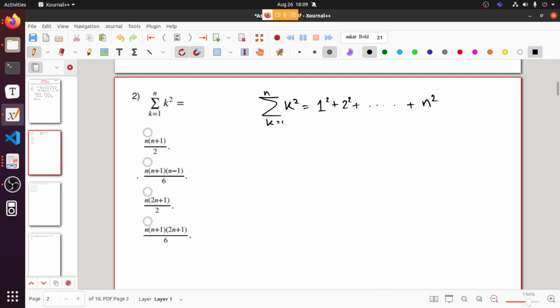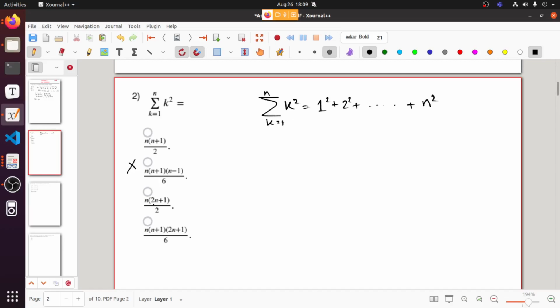Among them which option will be correct? If you sum just the first term, it will be 1. But in the second option, if you put n equals 1, it will give 0. So the second option is false.